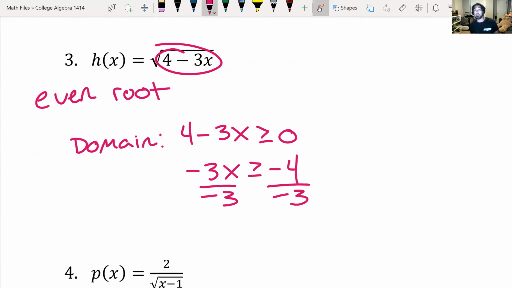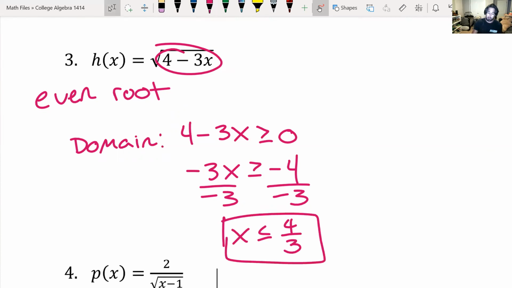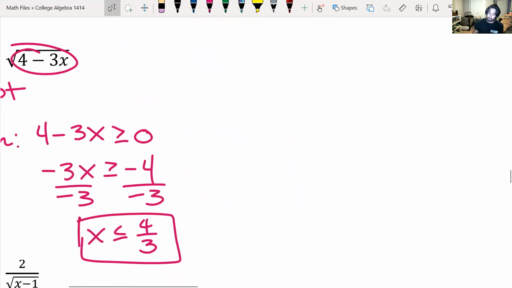And remember, when you multiply or divide on an inequality by a negative, the inequality will always flip. So we are left with x is less than or equal to +4/3. Okay, so that's your set notation. We want interval notation.